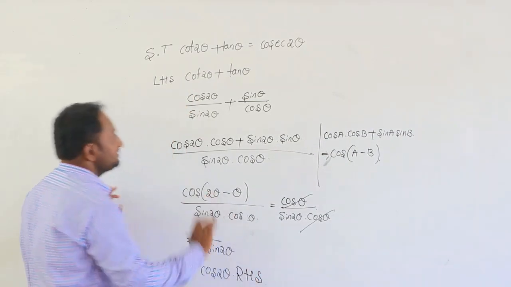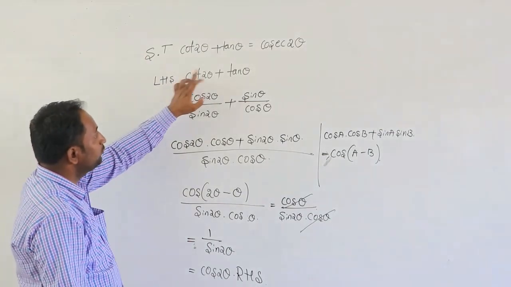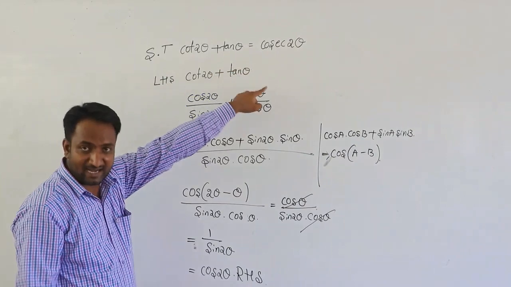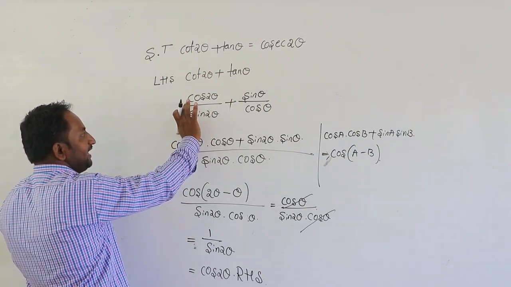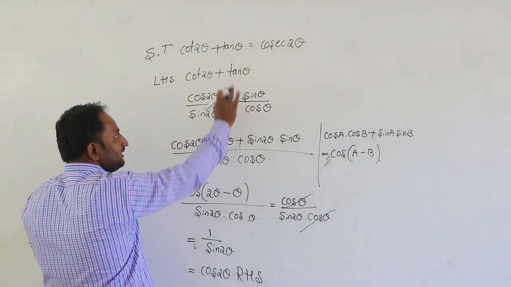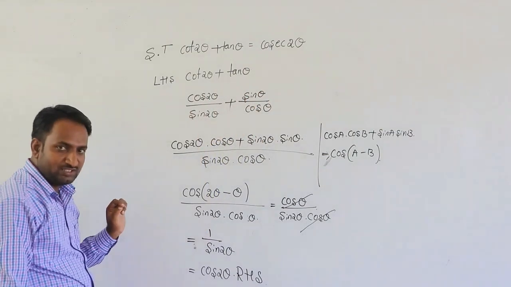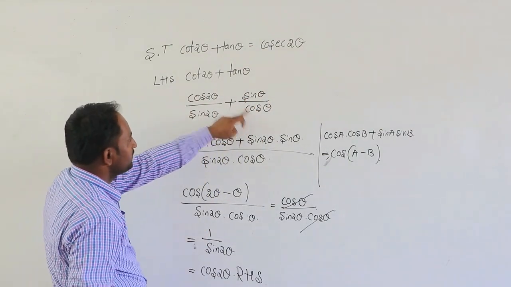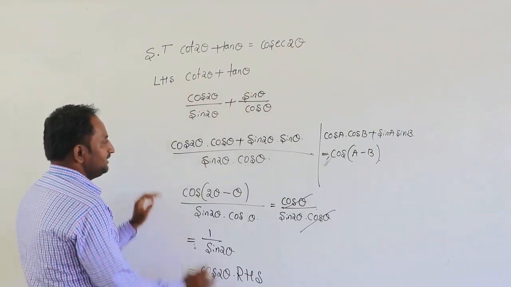First, we take the LHS, that is cot 2 theta plus tan theta. Cot 2 theta is read as cos 2 theta divided by sin 2 theta, plus tan theta represented as sin theta divided by cos theta. Take the LCM. Here cos theta multiplied by cos 2 theta, sin 2 theta multiplied by sin theta.